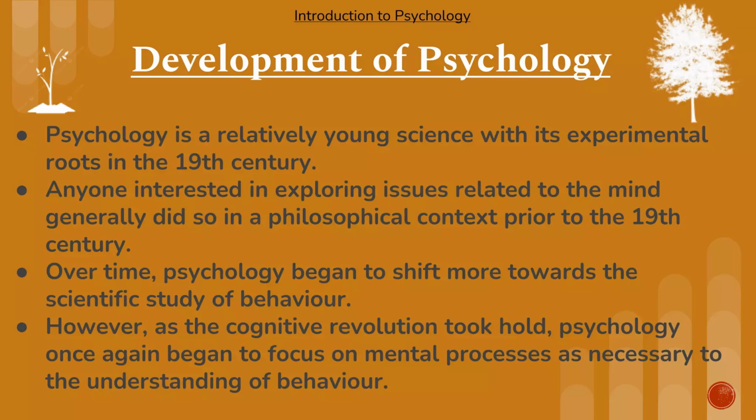Generally, issues related to the mind were explored through philosophical ideas, and over time psychology shifted more towards the scientific study of behavior. Control of variables was introduced after the 19th century, so psychology was becoming an experimental science.